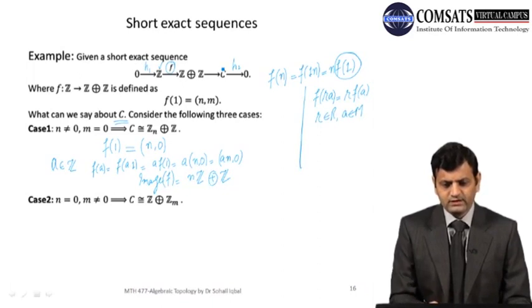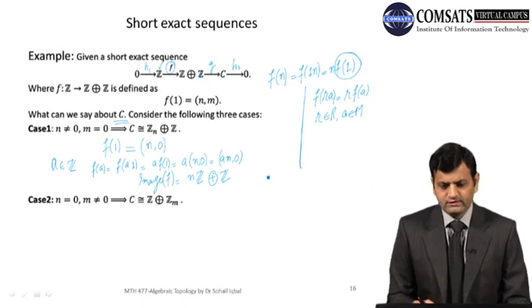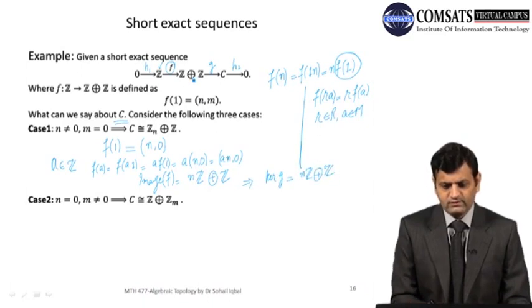And since we are assuming that this is an exact sequence, the image of f must be equal to the kernel of g. So by exactness, the kernel of g is equal to nZ plus 0, because this is the image of f.